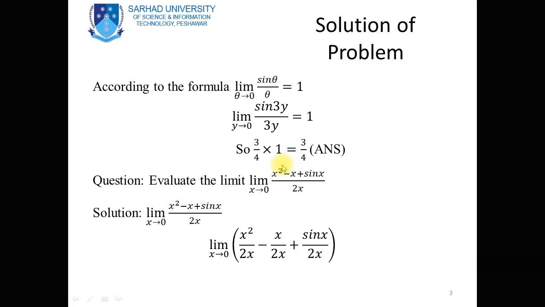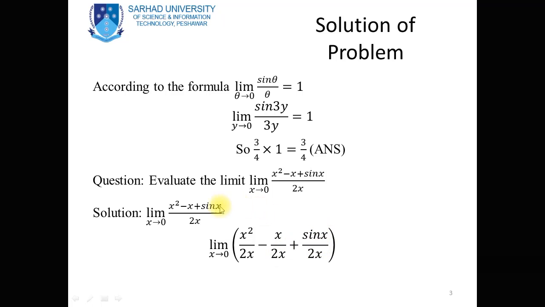Now another problem, to evaluate the limit x tends to 0 of x square minus x plus sine x divided by 2x. So first of all, we can write this function as x square divided by 2x minus x divided by 2x plus sine x divided by 2x.